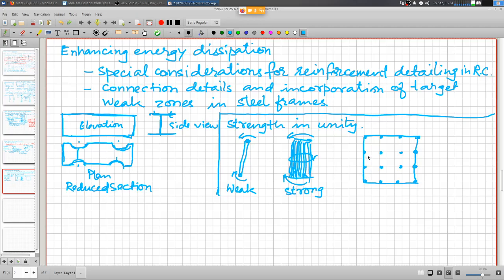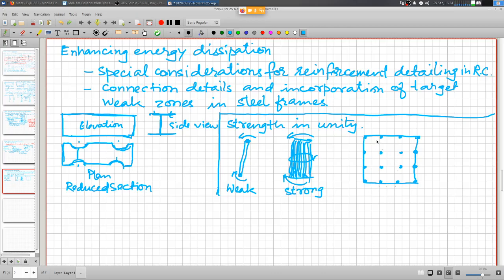Now, if the columns are not tied together, then each of them bends like a single stick and doesn't offer much resistance.